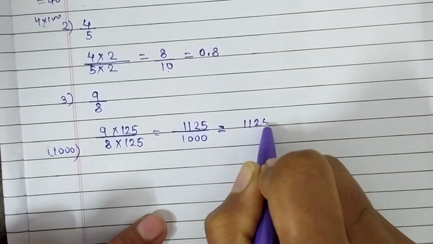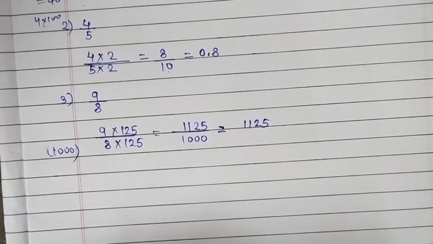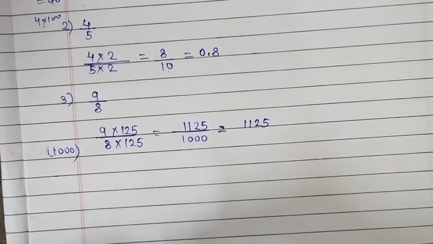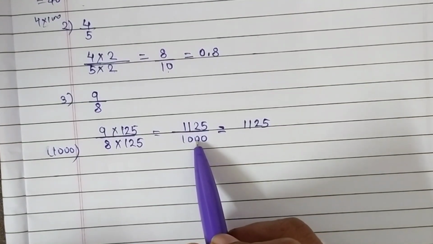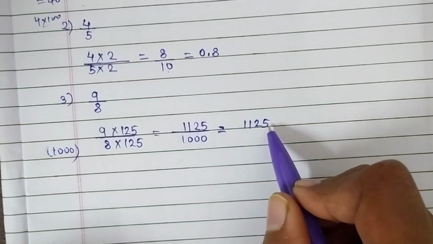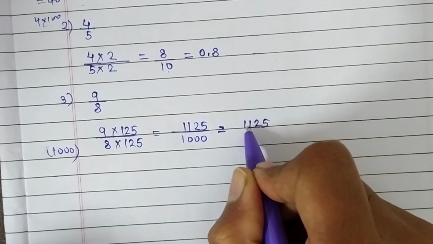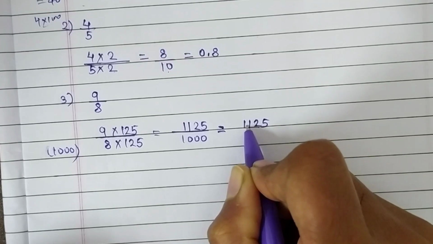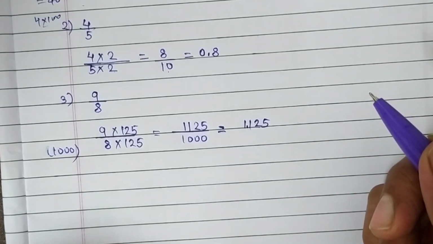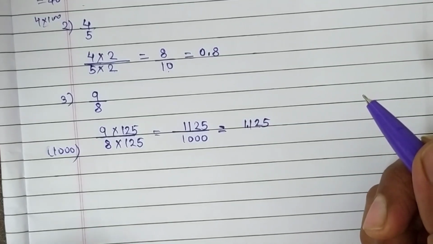Write the numerator as it is, and let's find out how many zeros the denominator has. The denominator has 1, 2, 3 zeros. So you just have to move 3 places from your right side. Count 1, 2, 3 and then place the point here. So our decimal is 1.125 for our third question.